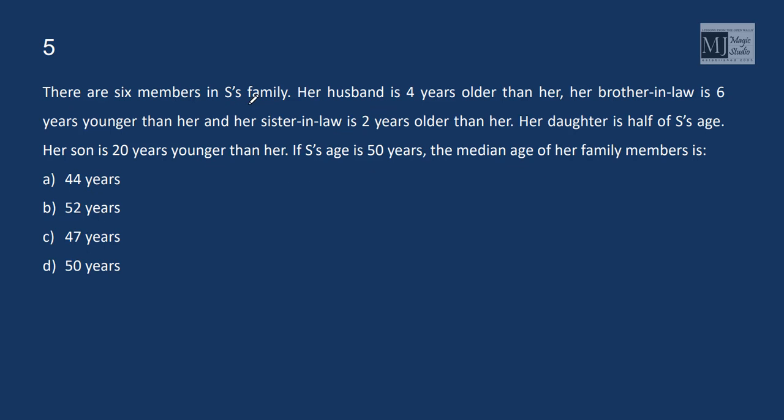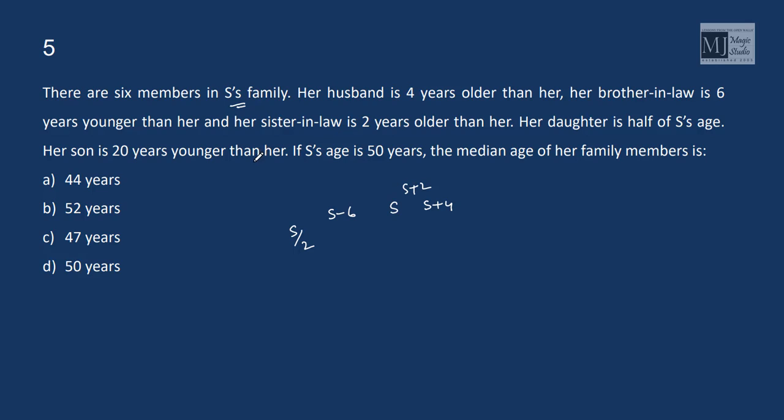There are 6 members in S's family. Her husband is 4 years older than her, S plus 4. Her brother-in-law is 6 years younger, S minus 6. Her sister-in-law is 2 years older, S plus 2. Her daughter is half of S's age, S by 2.